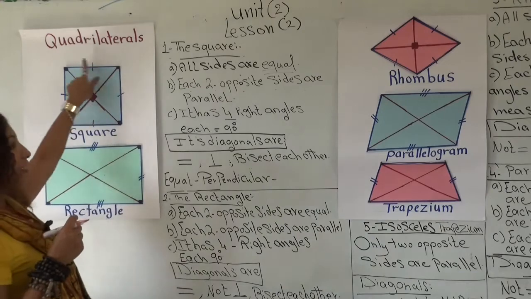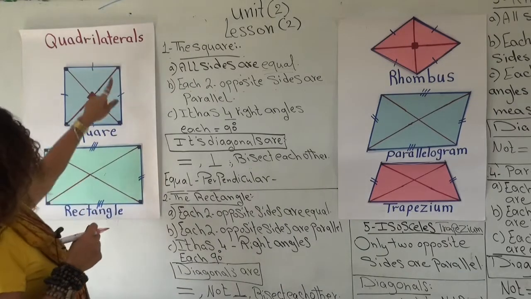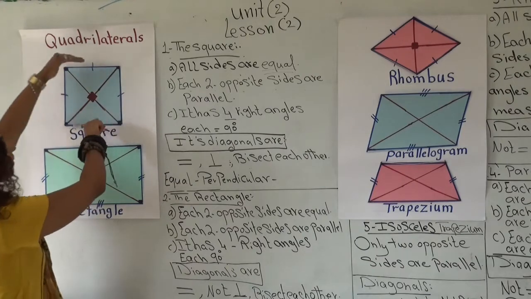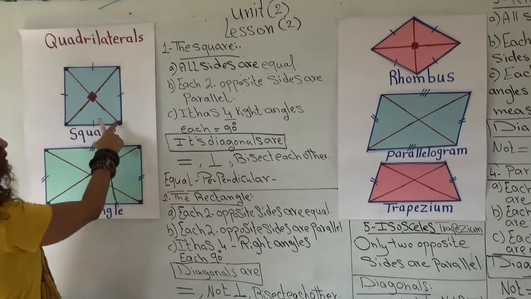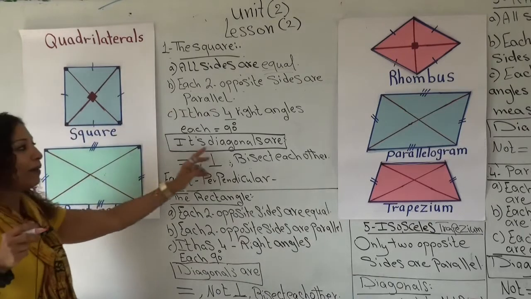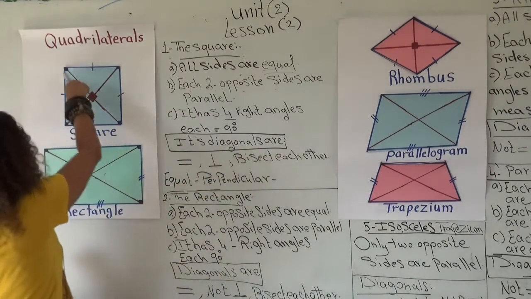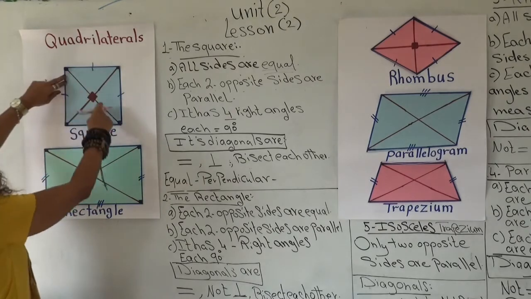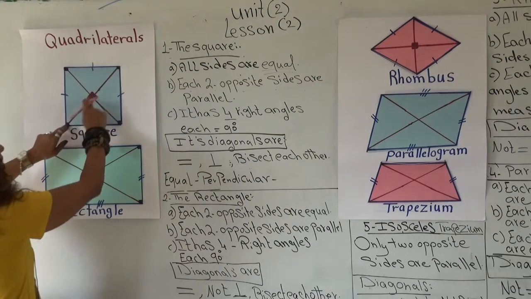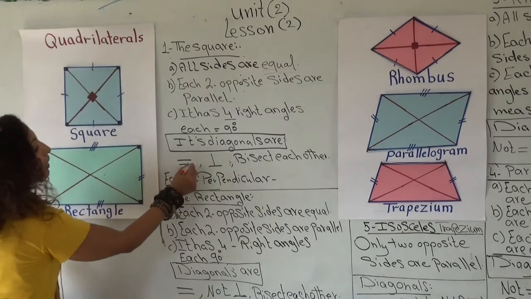So again, the properties of the square: all sides are equal, each two opposite sides are parallel, it has 4 right angles. Okay, what about its diagonals? These are the diagonals of the square. This is the first diagonal and this is the second diagonal. The diagonals of the square are equal.